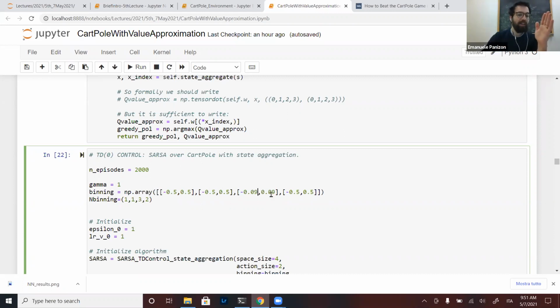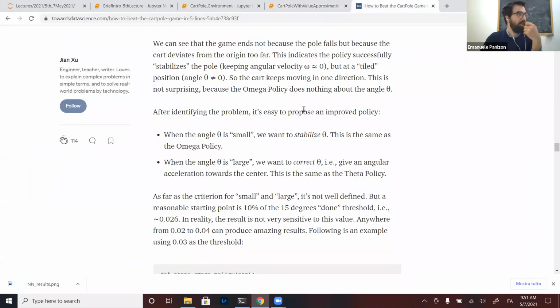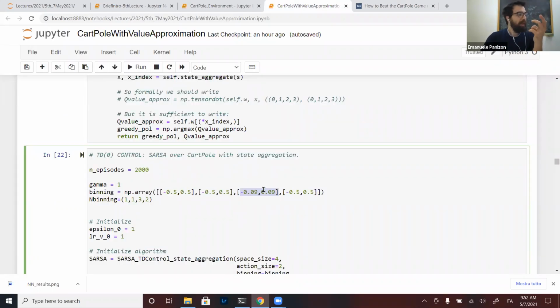I changed this bin because there are actually only 2 situations I care about. Is my feature inside this small angle range? Yes or no. Since my policy comes from a physical sense, this is not a reinforcement learning policy, it is a policy created ad hoc. If I'm able to distinguish these 2 positions, then it's enough. And why did I use 2 bins there?